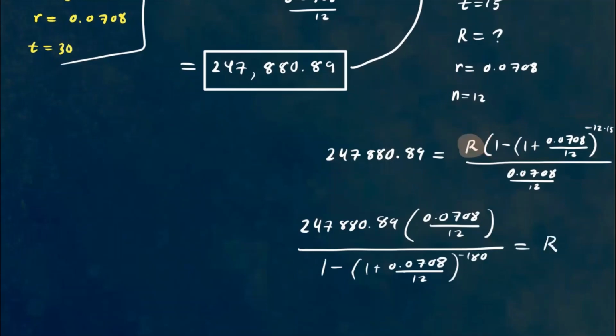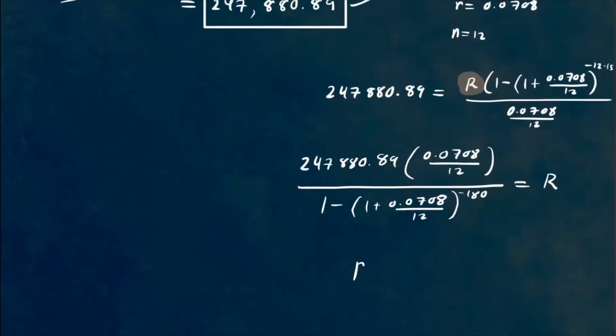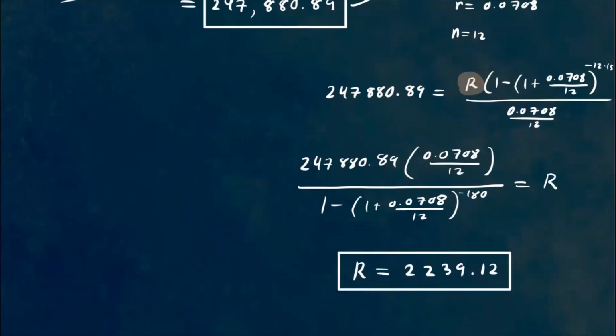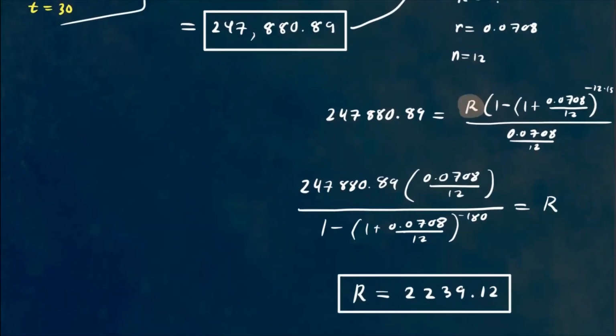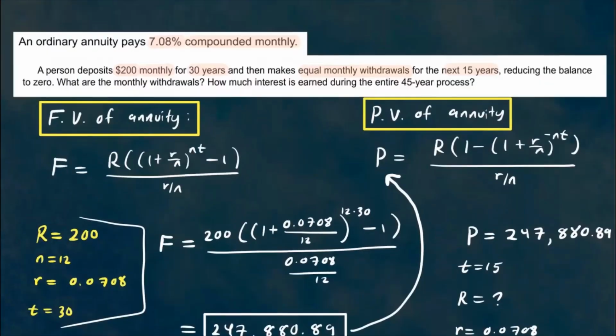This is going to be R. Now, if you carefully put this in your calculator, you're going to get R is equal to about $2,239.12. Again, I'm rounding to the nearest cent. So that's how much you can withdraw for the remaining 15 years, since it will have the fund $247,880.89.